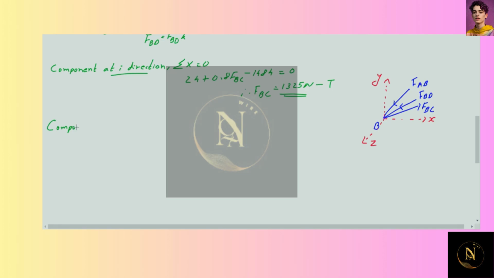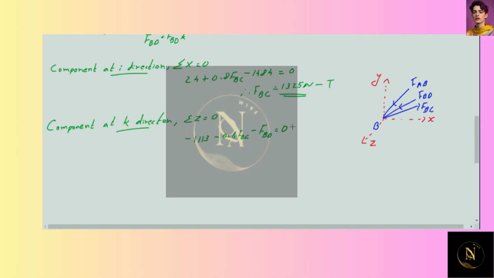Now the component at K direction. We will find summation along Z. So this is actually minus of 1113, that is calculated, minus 0.6 FBC minus FBD equal to 0.